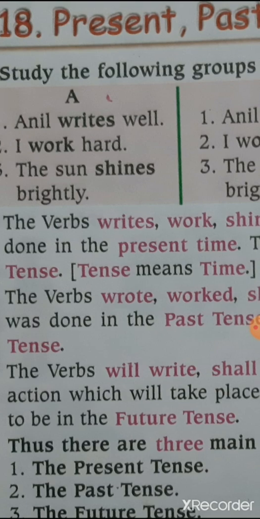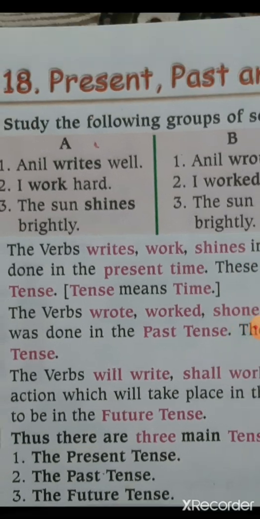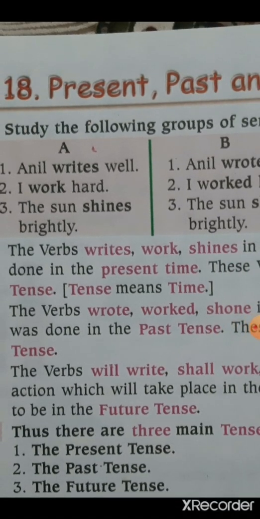time. जो हमारा एक्शन है, जो हमारा काम है, वो वर्ब हमें बताता है और टेंस हमें बताता है कि वो किस वक्त पर, किस टाइम में, किस काल में किया गया है. Okay, again I am repeating. Anil writes well. I work hard. The sun shines brightly. So here in this group A children, बहुत ध्यान से सुनो बेटा.